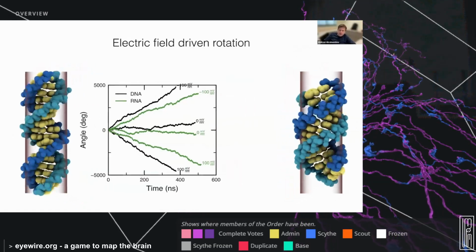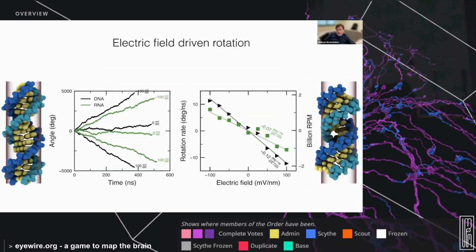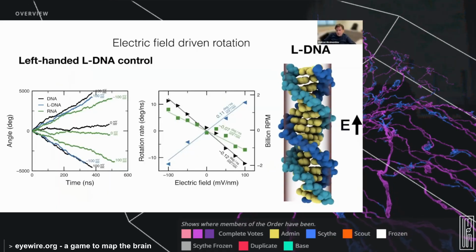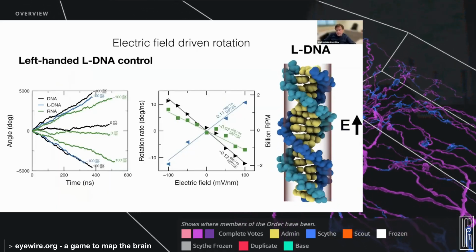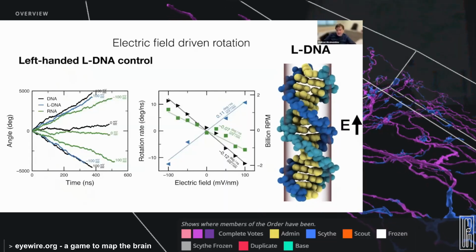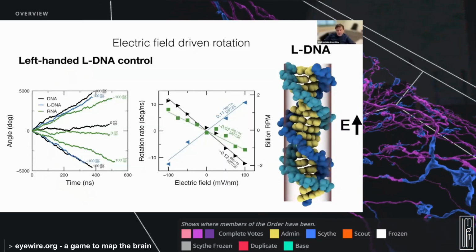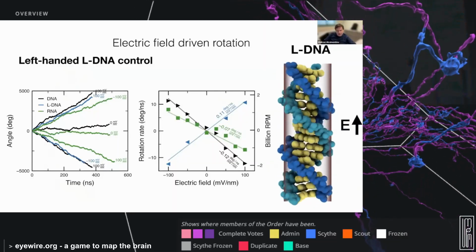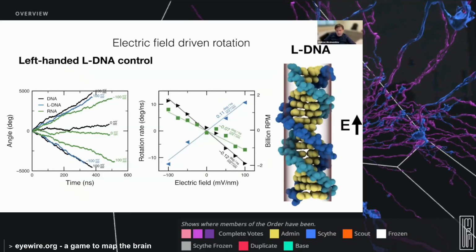The thing that really convinced me that it's a real effect was this one. In a computer and also in a lab, you can build so-called L-DNA. It's like a chiral mirror image of normal DNA.